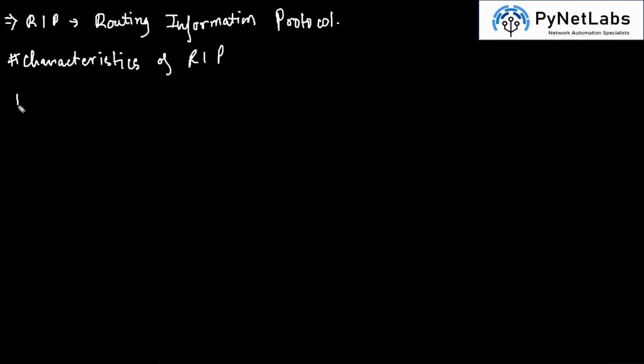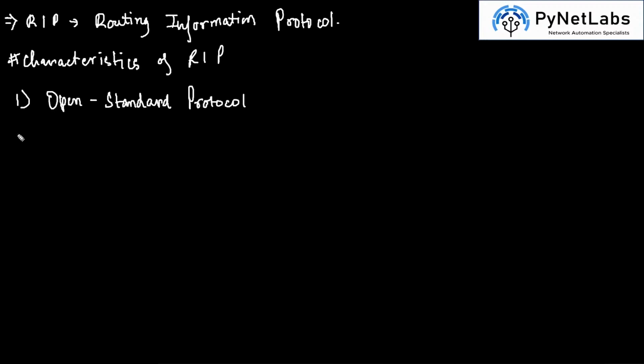So first of all, RIP is an open standard protocol. So this means that you can configure RIP on any vendor produced devices. It doesn't have to be a Cisco device in order to configure RIP. You can configure it on other network devices as well.